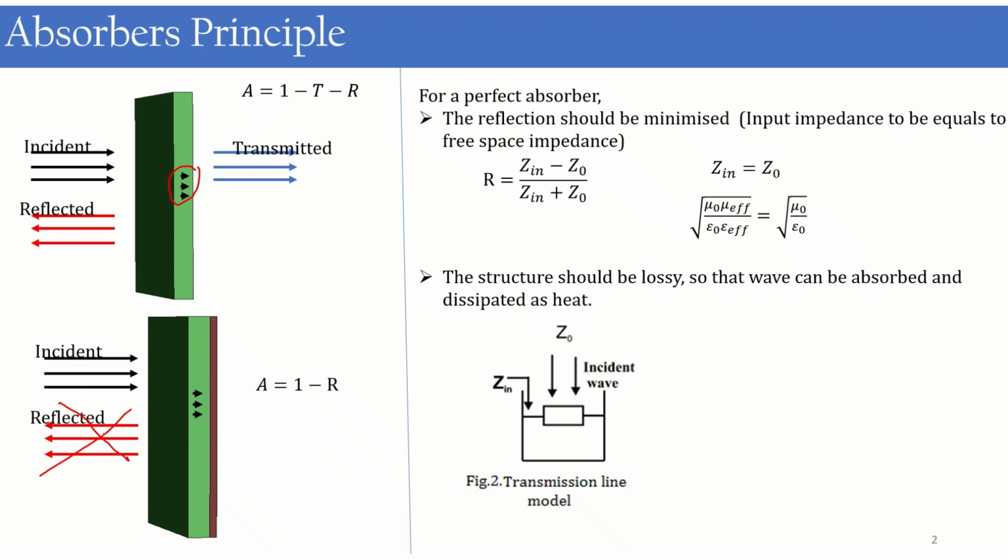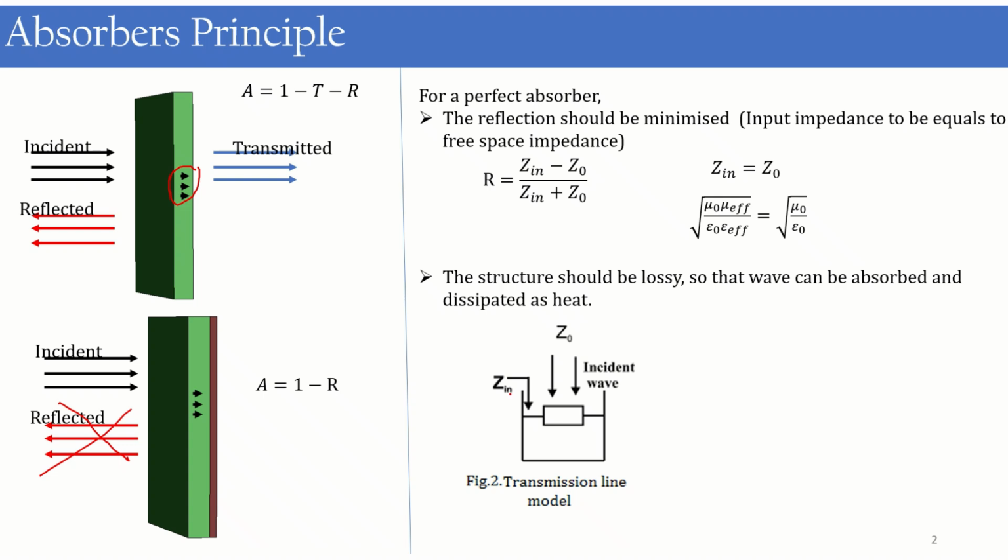So let's see how we can achieve no reflection. This is the equivalent circuit of a structure, with the impedance of our structure and the grounded metallic plate. The total impedance offered by this structure is Zin, and Z0 is the free space impedance.